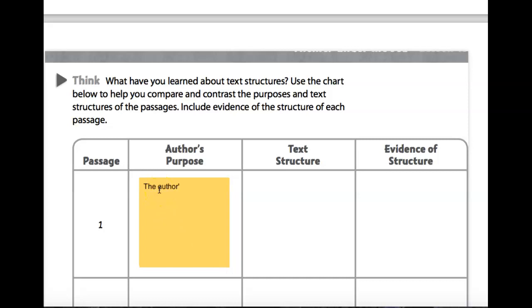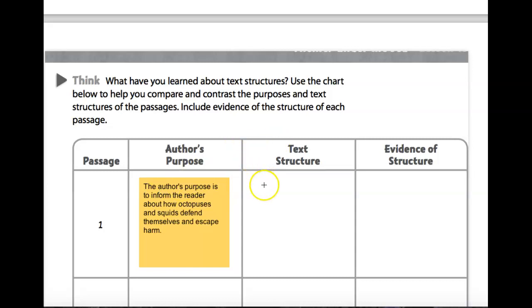The author's purpose is to inform the reader about how octopuses and squids defend or protect themselves and escape harm.